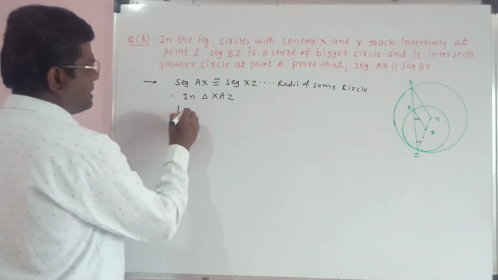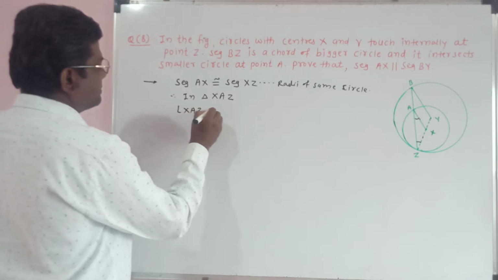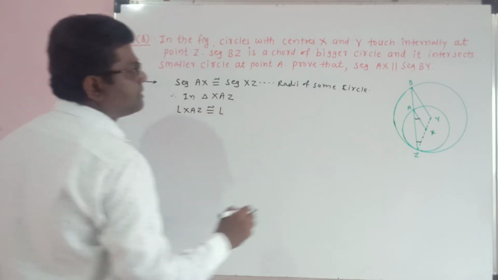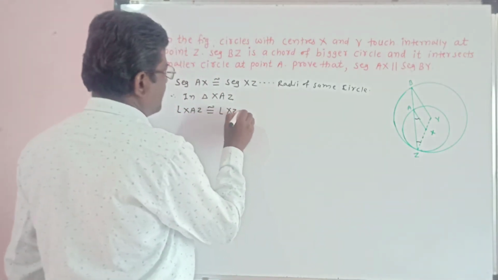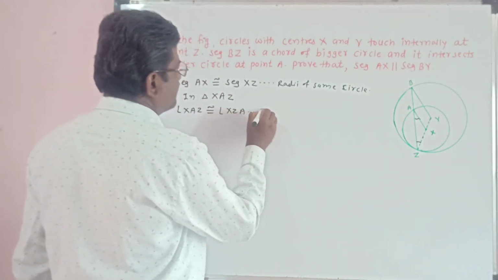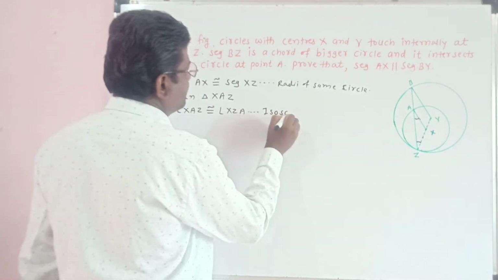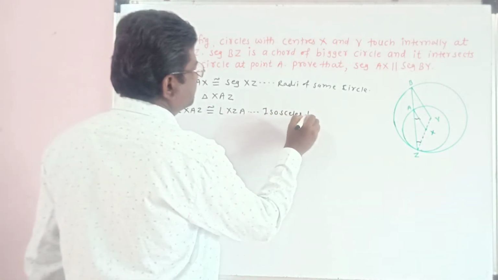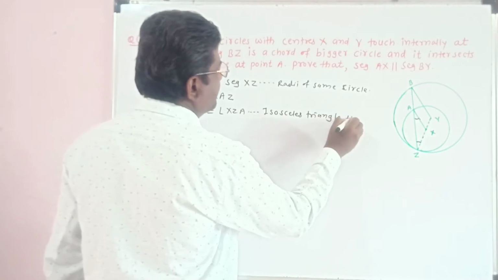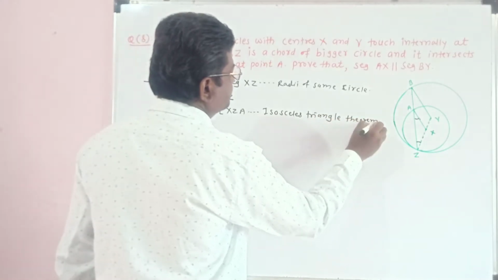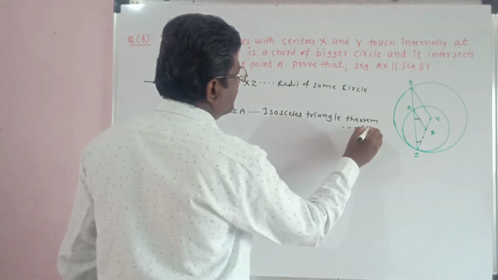Angle XAZ congruent angle XZA. Reason is isosceles triangle theorem. This is equation number 1.